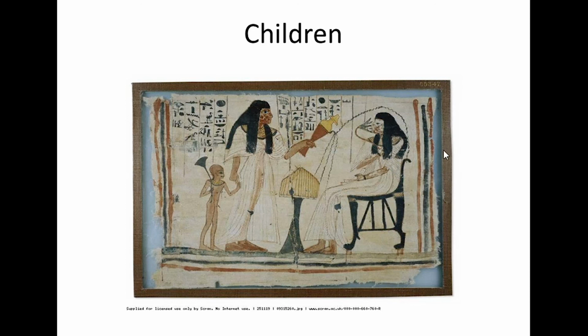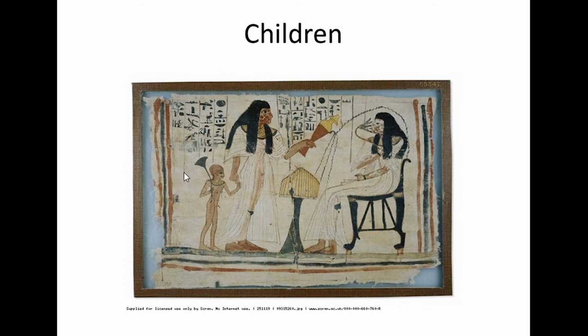I said when we saw the 19th century copy of an ancient Egyptian chair, remember it had lion's feet, and I said we would see a wall painting of the real thing. There's an ancient Egyptian chair in a wall painting of a very similar style, with lion's legs and lion's feet. I'm showing this picture because it's a rare picture of a child, obviously a male child. This is probably a picture of mother and daughter with grandson.